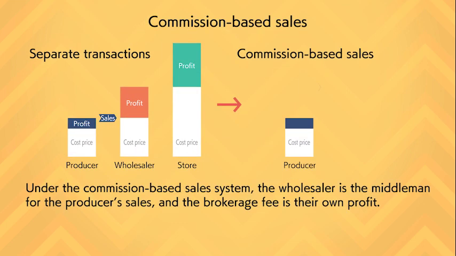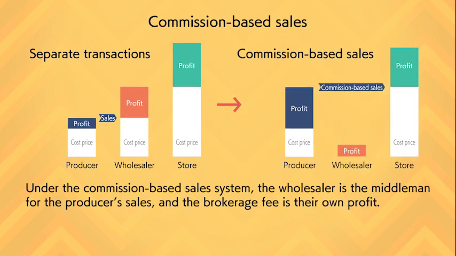Through the introduction of a commission-based sales system, the system changed to one where the difference between the purchase price and selling price became the producer's profit, while the wholesaler's profit came from a commission fee on that sale multiplied by a fixed ratio. The introduction of a commission-based sales system prevented wholesalers from profiting through unfair price manipulation.